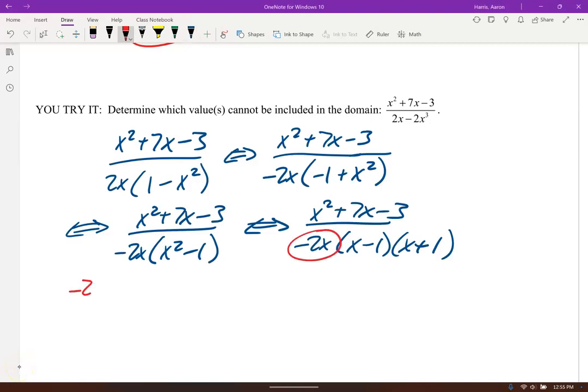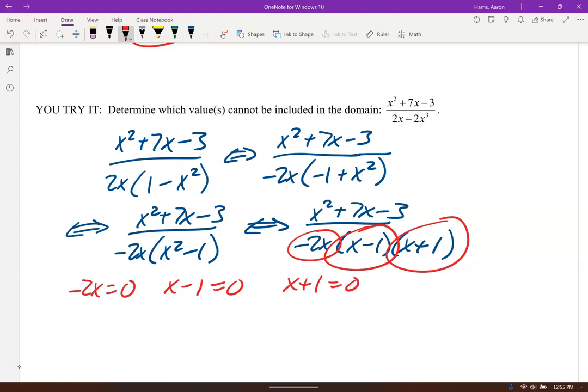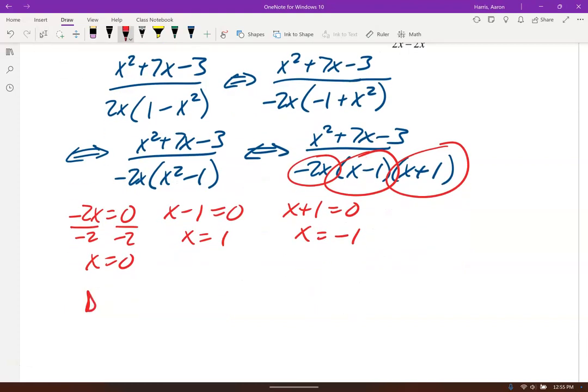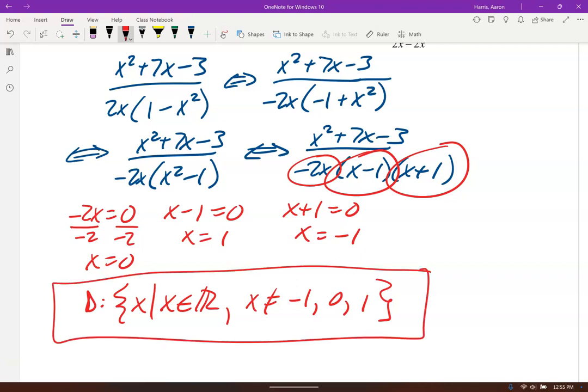So negative 2x can't be 0, x minus 1 can't be 0, and x plus 1 can't be 0. So in other words, when I solve these, x can't be 0, x can't be 1, and x can't be negative 1. So in this case, the domain would be all real numbers, x such that x is an element of the reals, but again, it can't be negative 1, 0, or 1. I would have to throw those out.